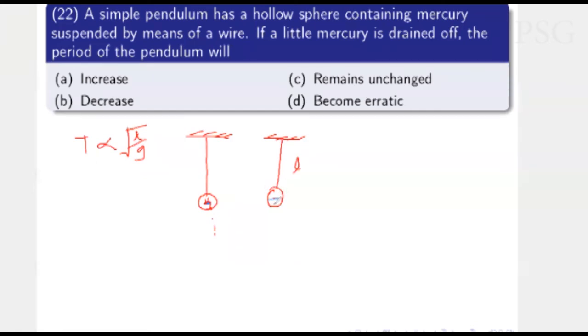It is shifted from this point to below that. More mass is present at the bottom now. So effective length is increased. It was here before, now it is increased to the bottom. Therefore, time period increases. So which is the right option? It increases.